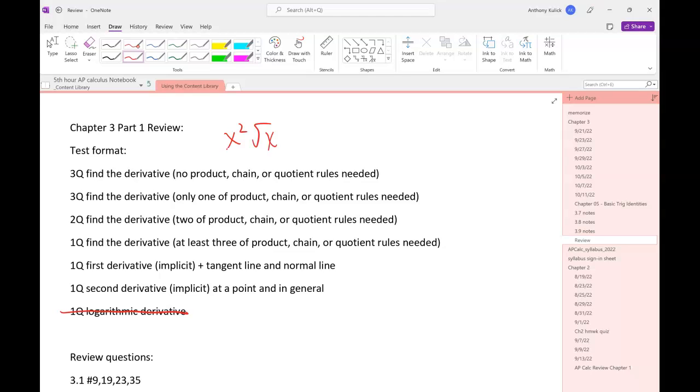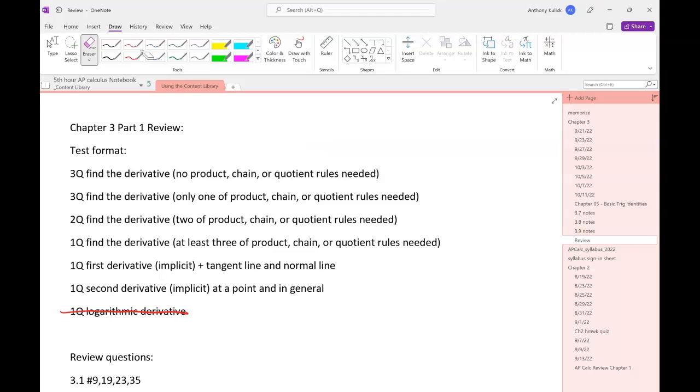You could do the product rule on that, or you could think of it as x to the 2.5 and just use the power rule. So that's what I mean by problems you don't need those rules for. You can just use a derivative rule without using one of the special ones. Is that okay?